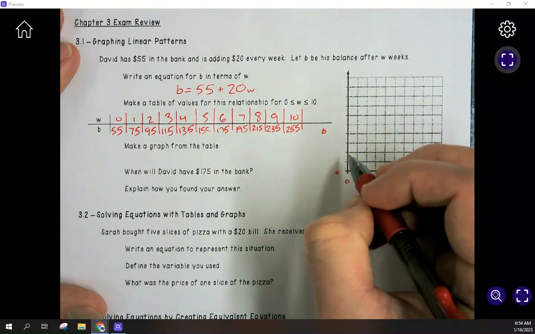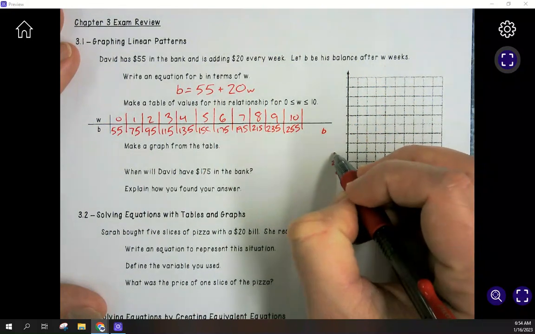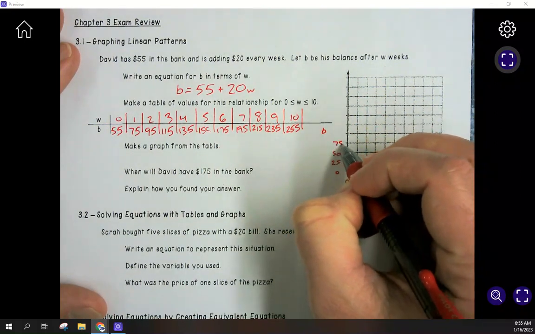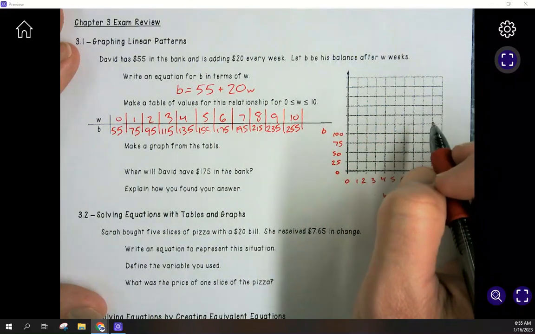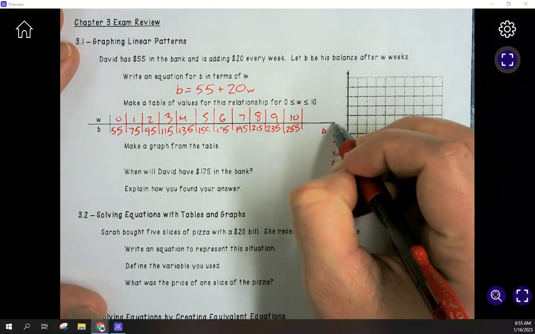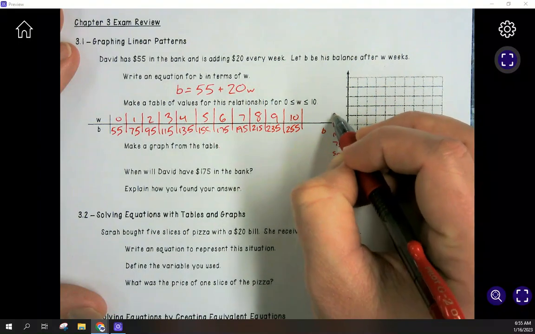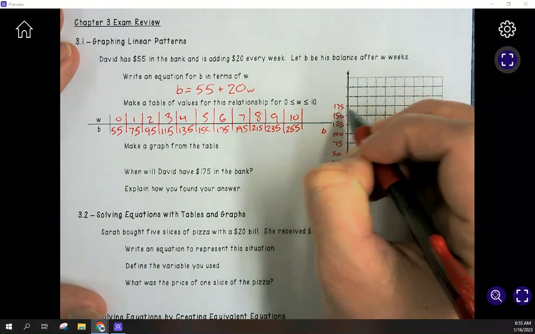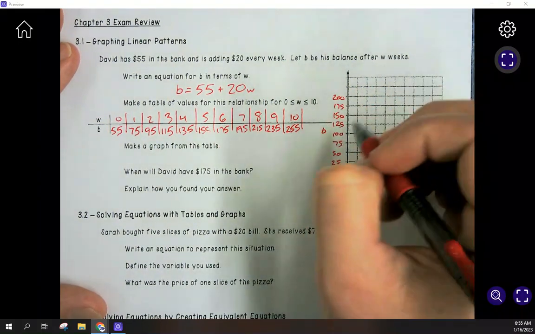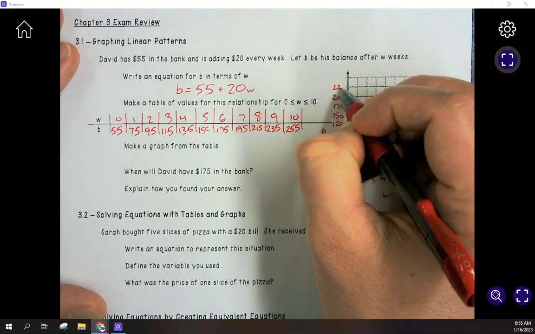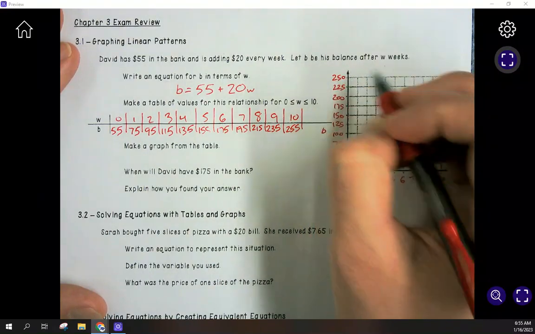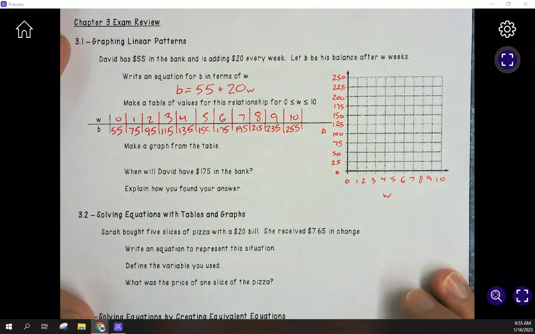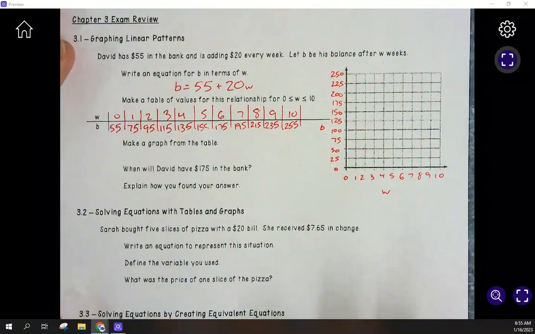So starting with 0, 25, 50, 75, 100. Hopefully this gets me there. 125, 150, 175, 200, 225, 250. So I actually came up just short, but close enough to 250 with the 255 that we'll be just fine here.